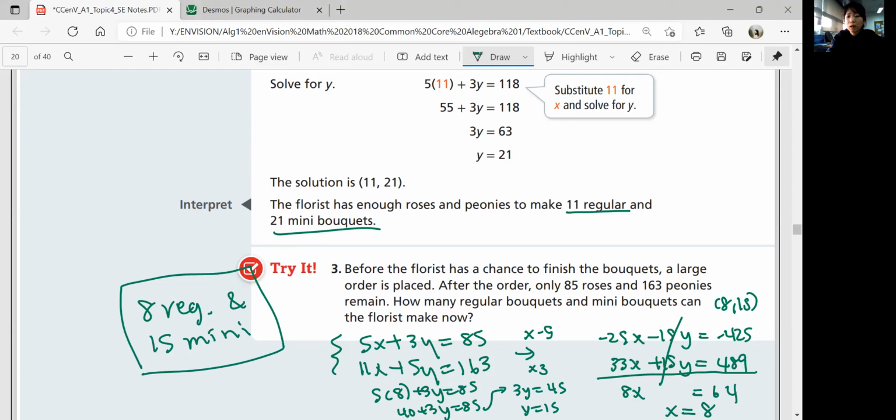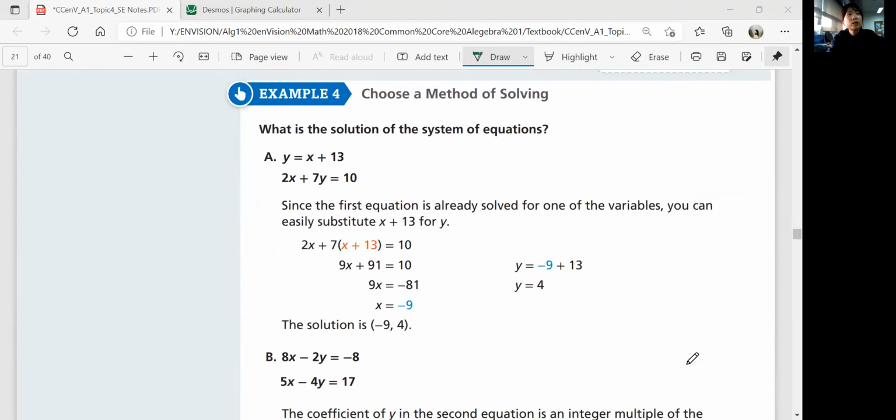Okay, good. Let's look at example 4. Choose a method of solving. Now you have learned different methods using graphing, solving by substitution, and solving by elimination. Now you might have your favorite method by now. You can choose a method of solving using your favorite method or the easier method.